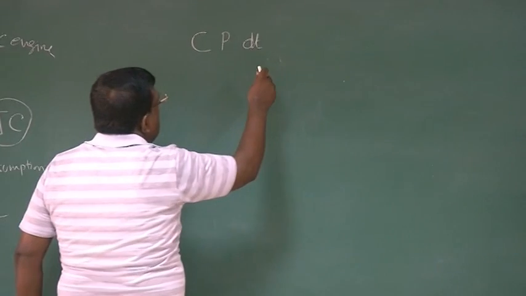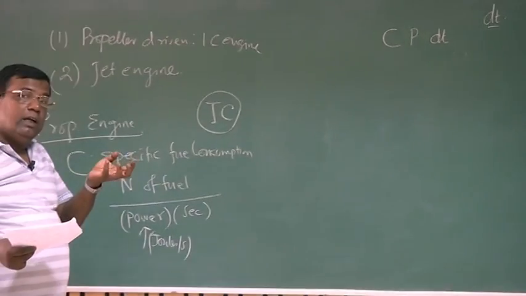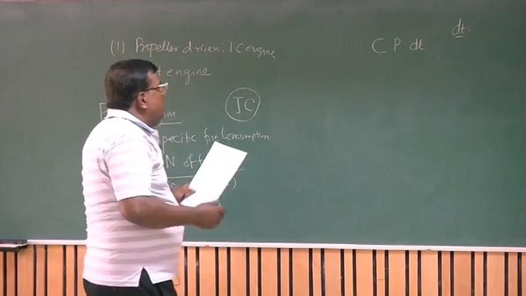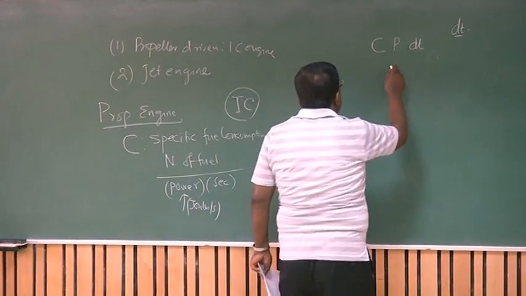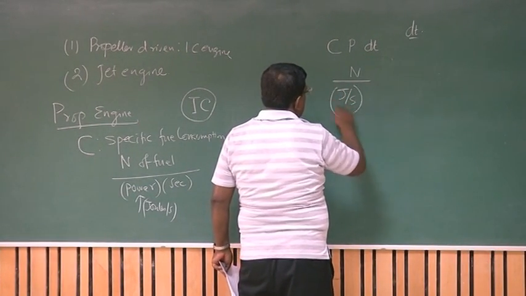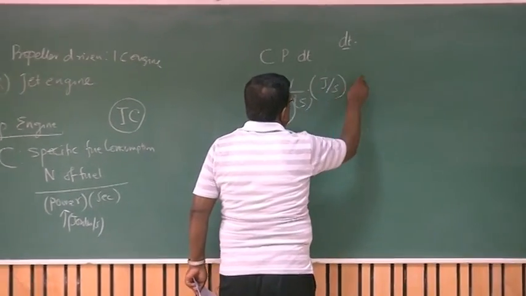dt is the small incremental time during which the fuel is burned and some power is developed at the shaft. So what is Cp dt? Dimensionally, if you see, C is Newton, this is joules per second, power, and time is second.